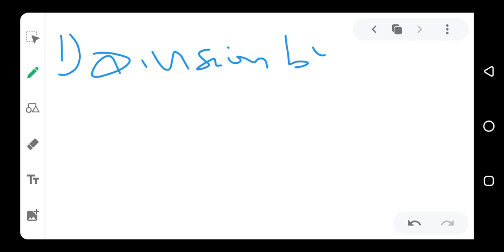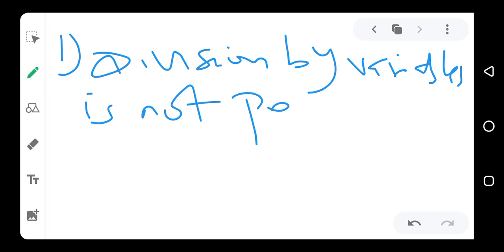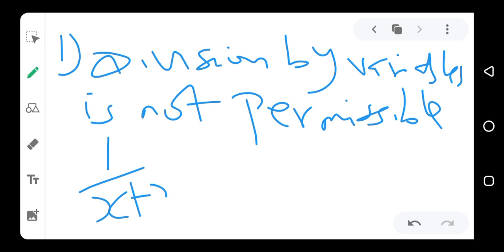Now, rule number 2 in identifying a polynomial is that division by a variable is not permissible or not allowed. You cannot divide a value with a variable in a polynomial. For instance, we cannot have 1 over x plus 2.